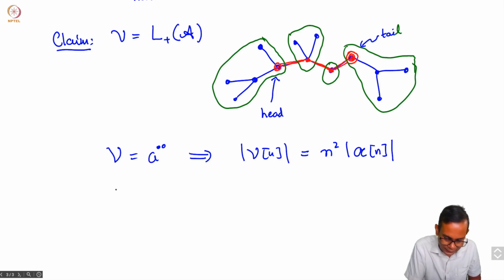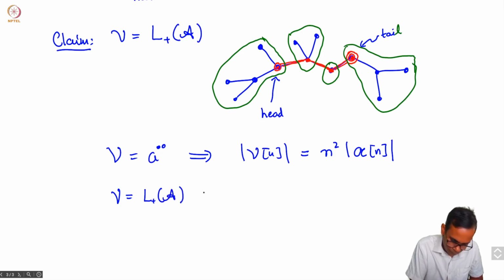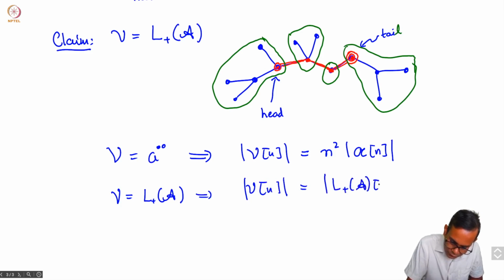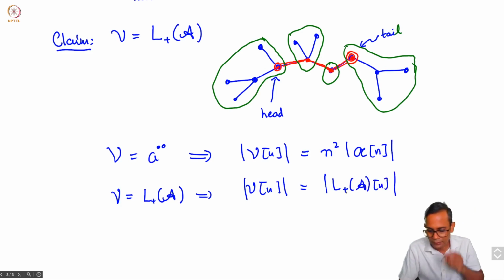And the second identity says that the number of vertebrates on n is the same as the number of L plus A structures on n, but remember, the number of L plus structures on any set is the same as the number of permutations on that set.